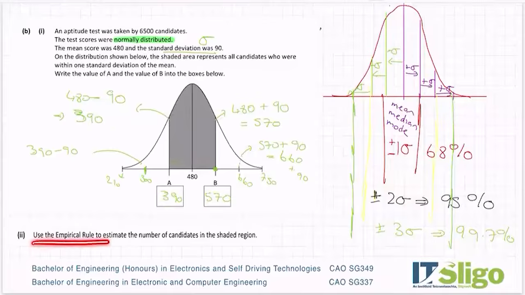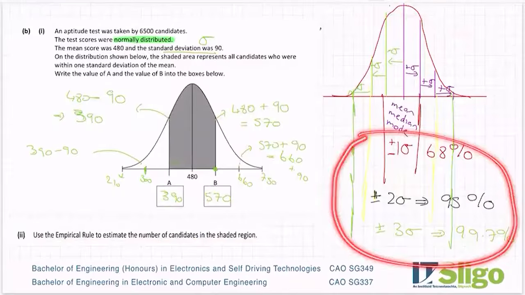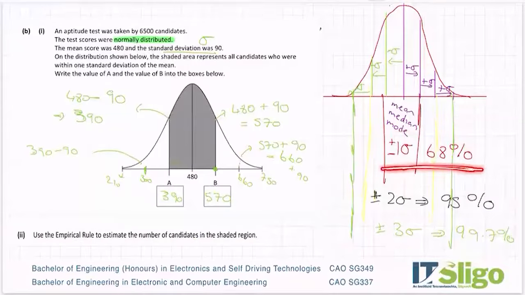Now use the empirical rule to estimate the number of candidates in the shaded region. So all these percentages and how many standard deviations it is, is the empirical rule. So 68% of people are within that shaded region. So how many people took this test? Well, 6,500.